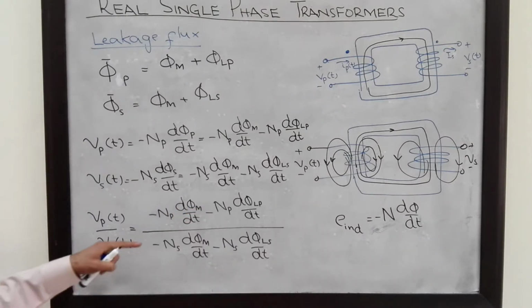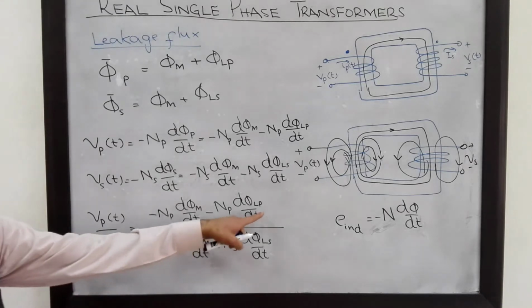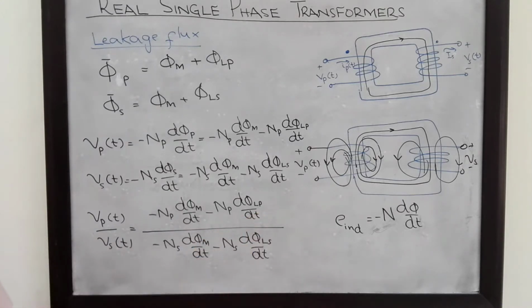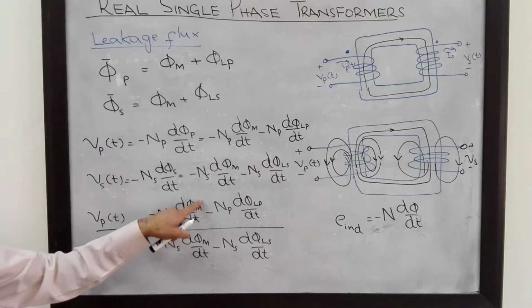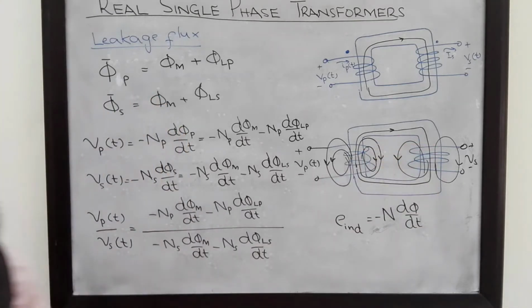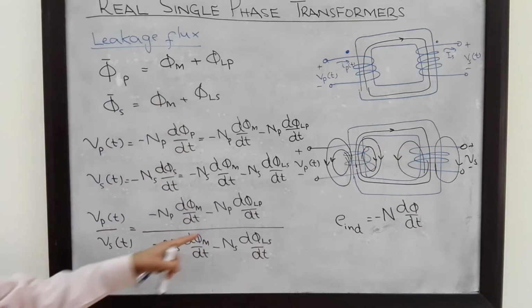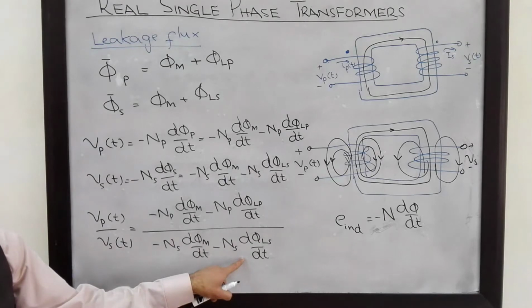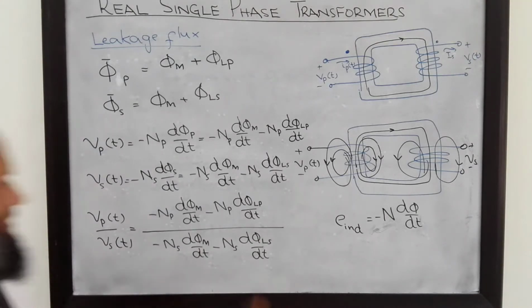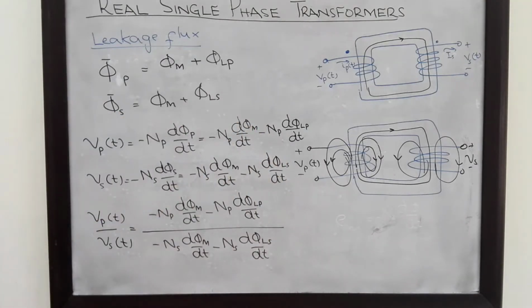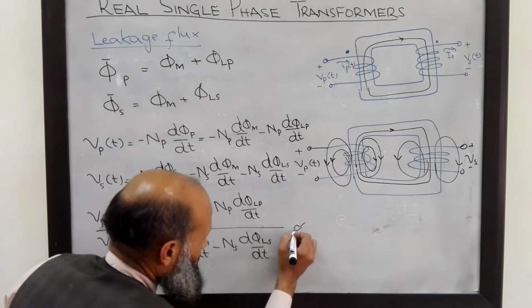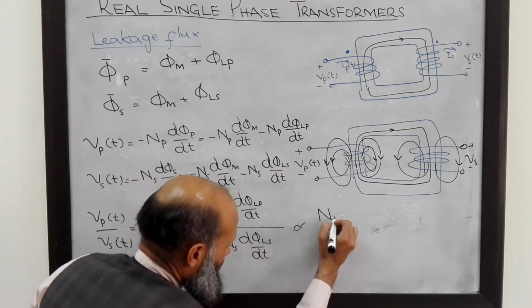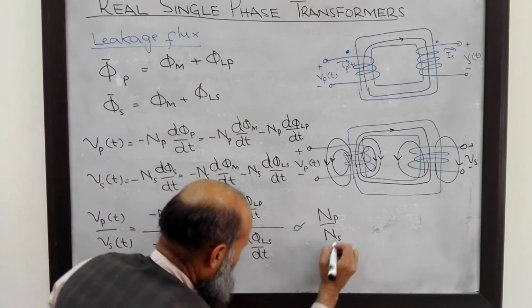For a good design of transformer, this leakage flux is much smaller compared to the flux which flows through the core. So for a good transformer, this term, likewise this term, can be neglected, and therefore this expression is approximately equal to Np by Ns.